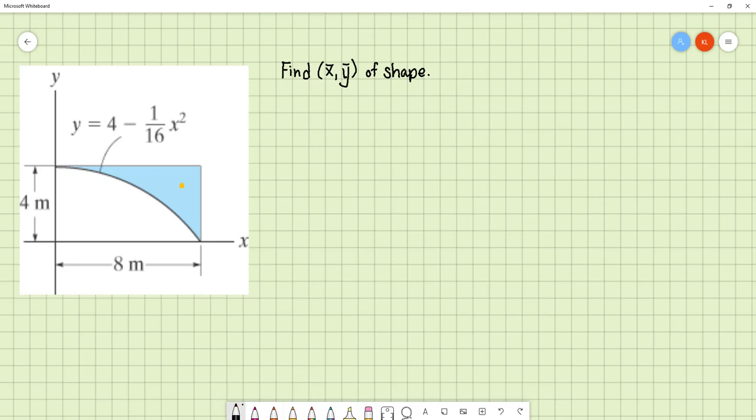Here's a little bit of our plan. Okay, so the plan is to find or establish dA, and that's the little rectangular slice, and we're going to need the elemental centroid of that slice. And then we'll use our equations.